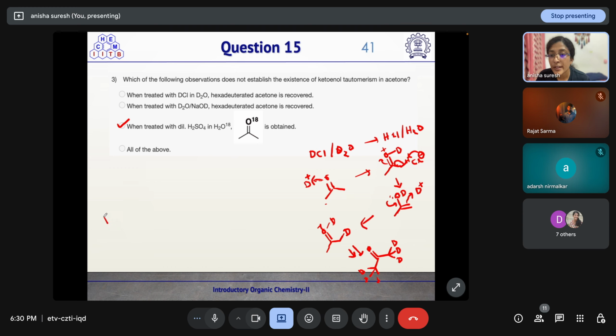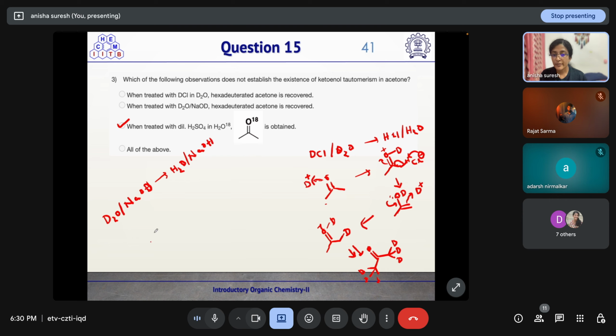Okay, in the case of D2O/NaOD, this is basic condition. So NaOD is similar to H2O/NaOH condition.